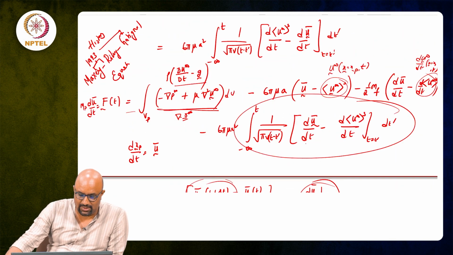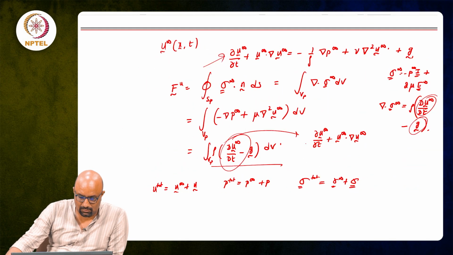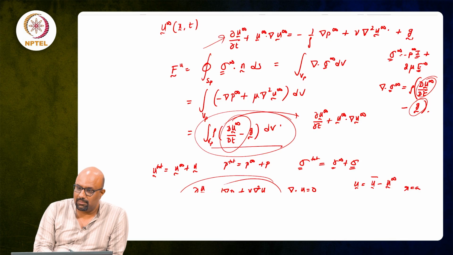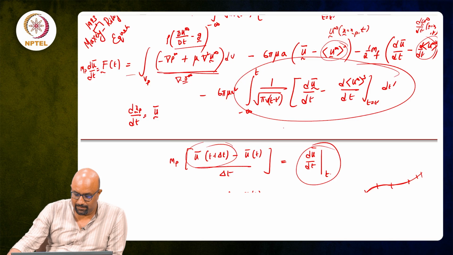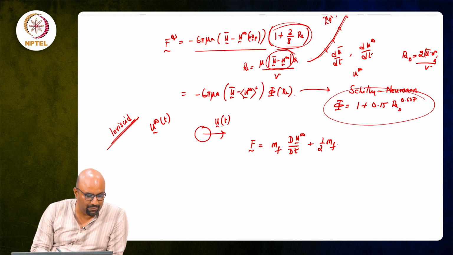Now that is quite similar to what you had here. Du infinity dt, basically rho dV gives you the mass of the fluid, and then you will have half mf (du infinity dt minus du dt).